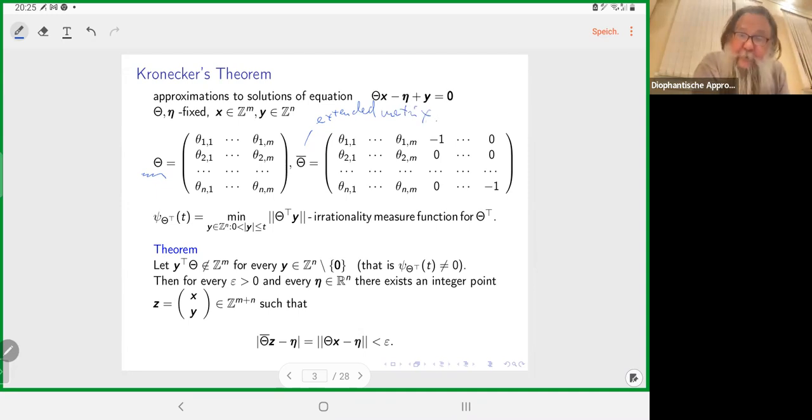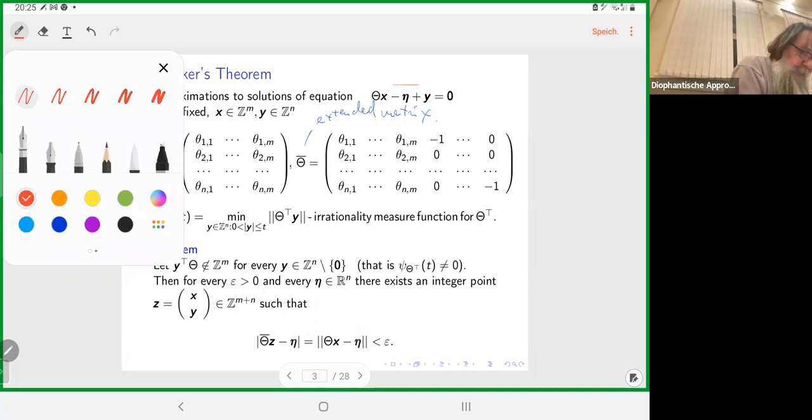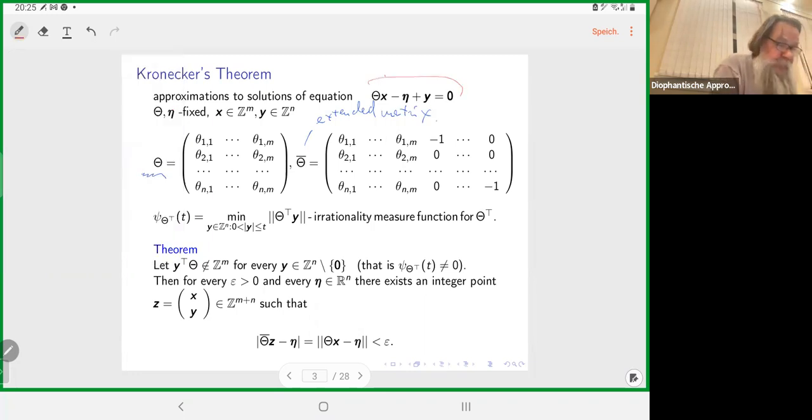As I said, we are interested in finding integer points close to the affine linear subspace, to study approximations to this subspace.